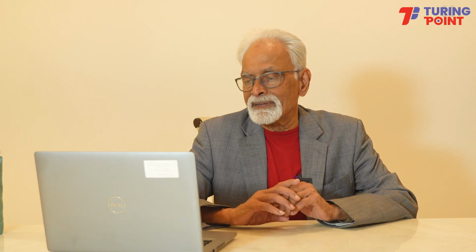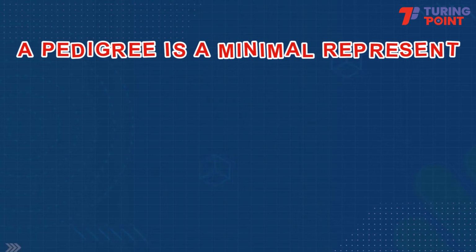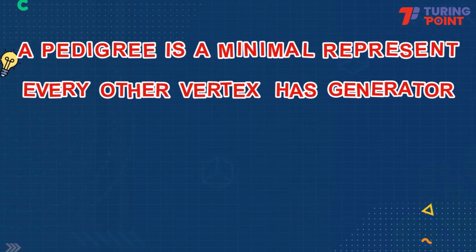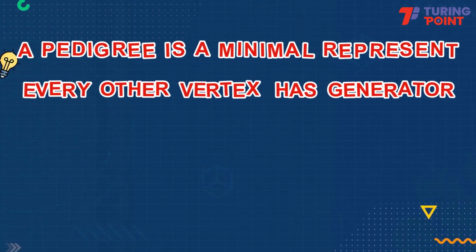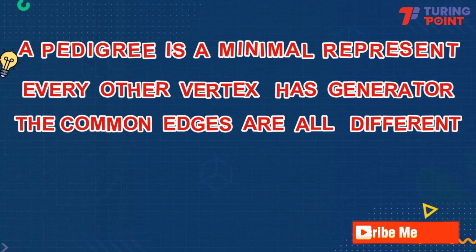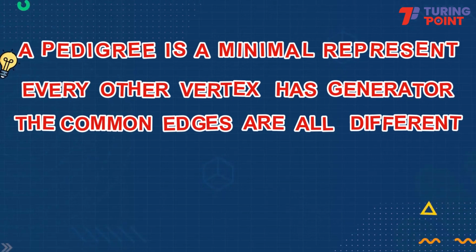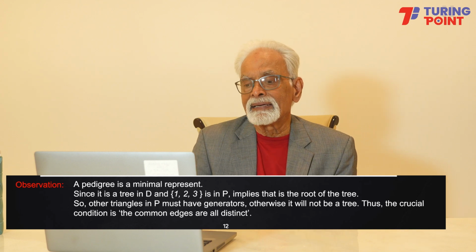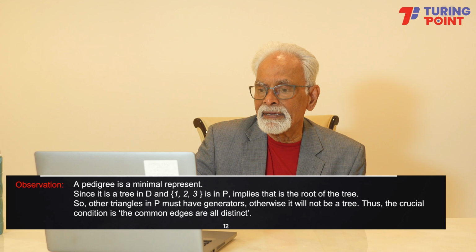So the two points that we have to notice is that it's a represent, and secondly, excepting for the root node, every other vertex in this set has a generator, and the common edges are all different. So these are important. The most important, I would say, is that the common edges are all distinct. And a pedigree is a minimal represent because we take only one from each of the delta k.